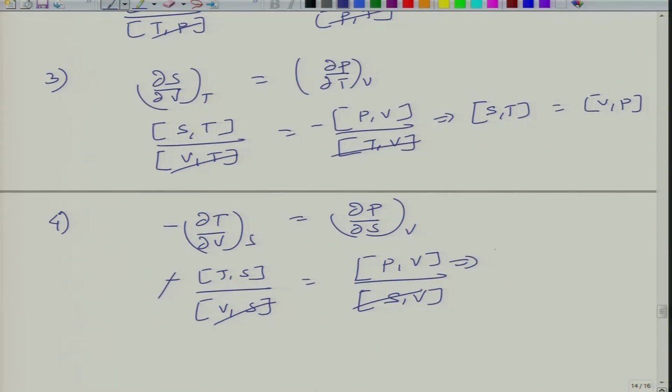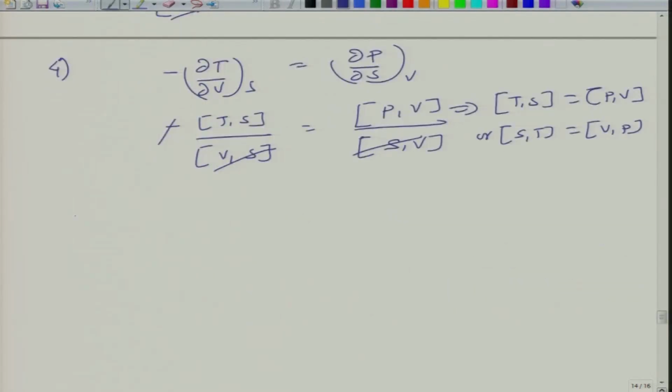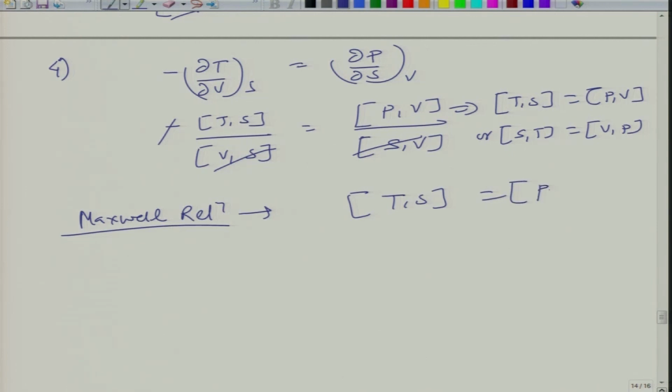This yields ∂(T,S) is equal to ∂(P,V) or ∂(S,T) is equal to ∂(V,P), the same relation. So, it turns out that all the 4 Maxwell relations yielded the same in the form of a Jacobian variable. So, finally, one can summarize that the Maxwell relation in Jacobian expressions is just one expression, that is ∂(T,S) is equal to ∂(P,V).